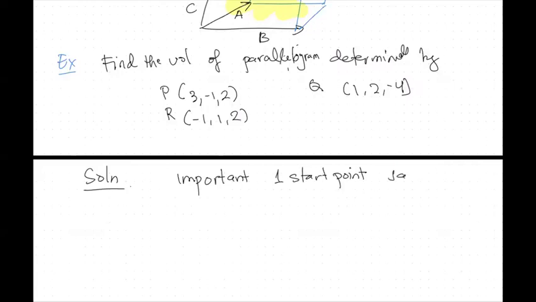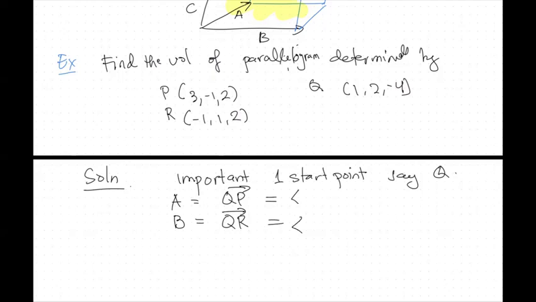So say we start at Q, but you can start with P or whatever, an arbitrary choice. So start with Q and then form the vectors A and B, and this is just the vector from Q to P and then Q to R.